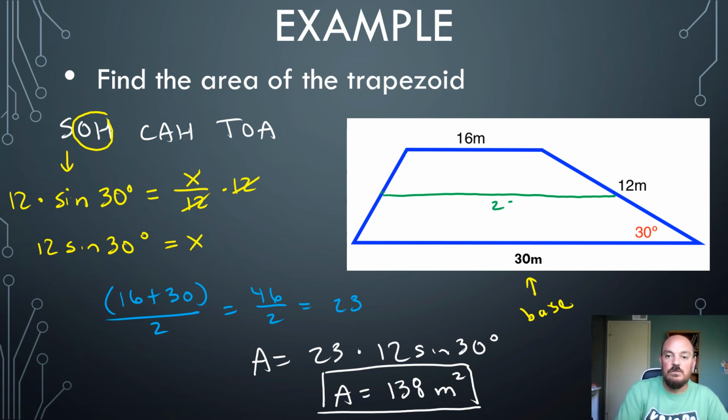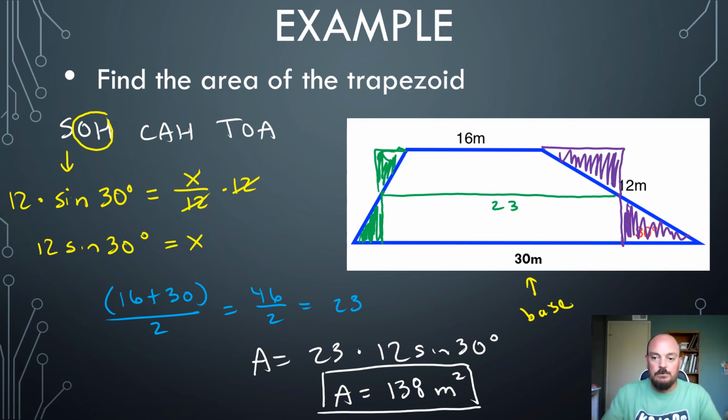That's the one whose length is 23. Well, imagine taking this little piece of the trapezoid right here, cutting it off, and then filling it in right here. And then doing the same thing on the other side.